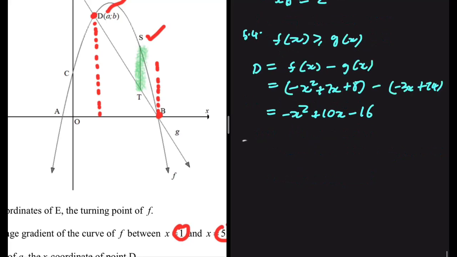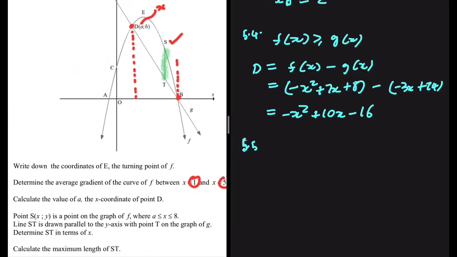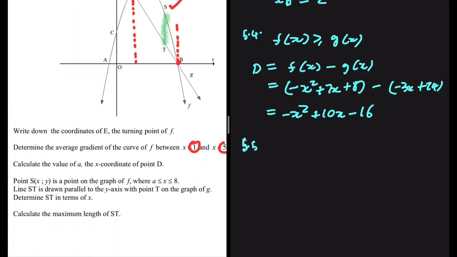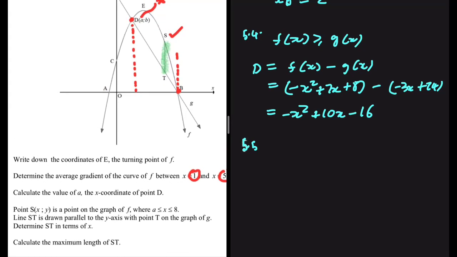We can do 5.4 now if we have the equation of ST. In 5.4, we're supposed to calculate the maximum length of ST. Well, ST is equal to minus x squared plus 10x minus 16. Let's differentiate. So S prime of x, we're going to have minus 2x plus 10.